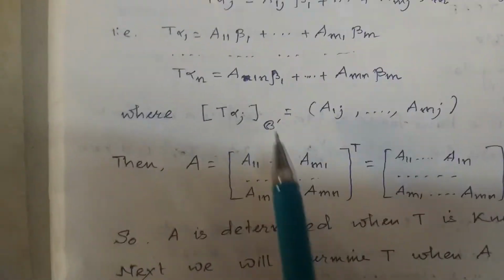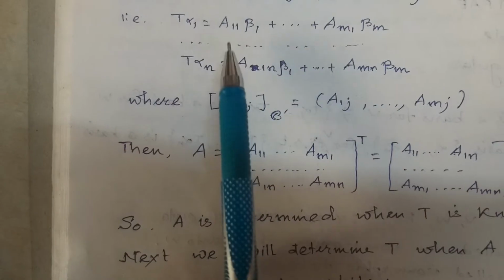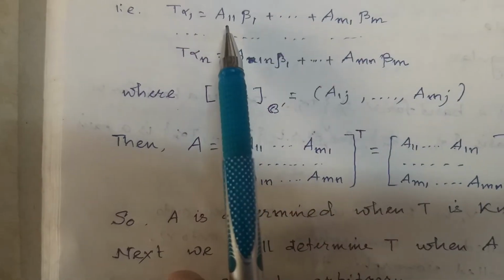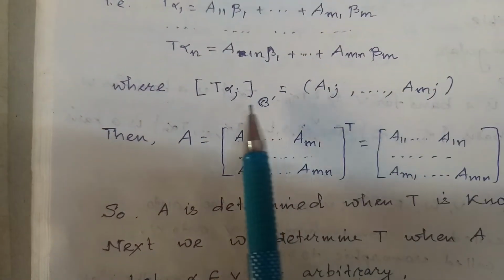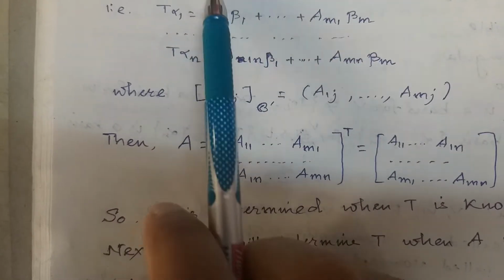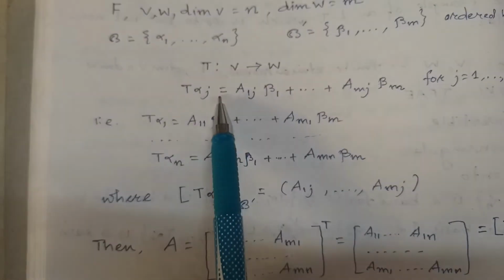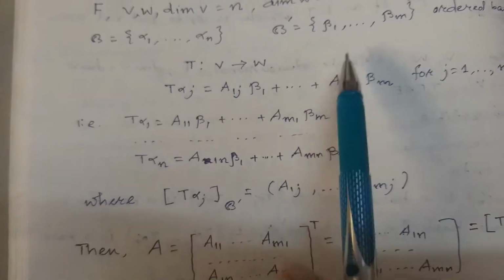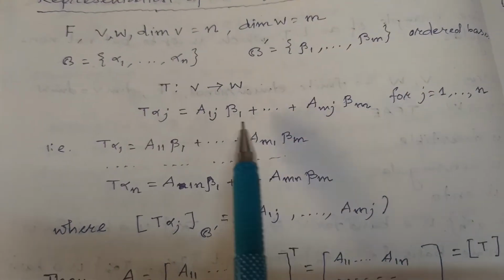Clear? Now the coordinate of this element with respect to this basis is a11, ..., am1. That means the coordinate of T alpha j, which is an element in W, with respect to this basis is a1j, ..., amj. We are writing here.